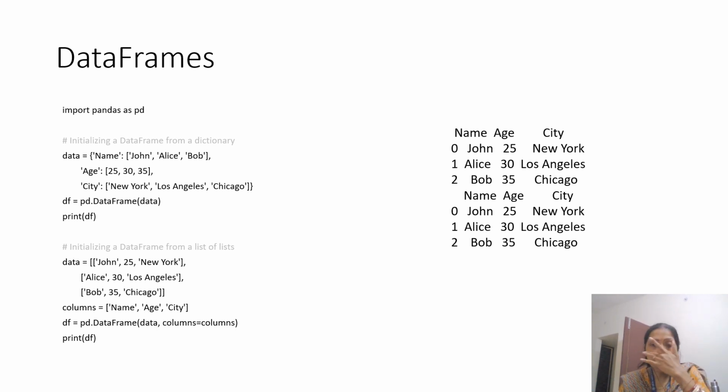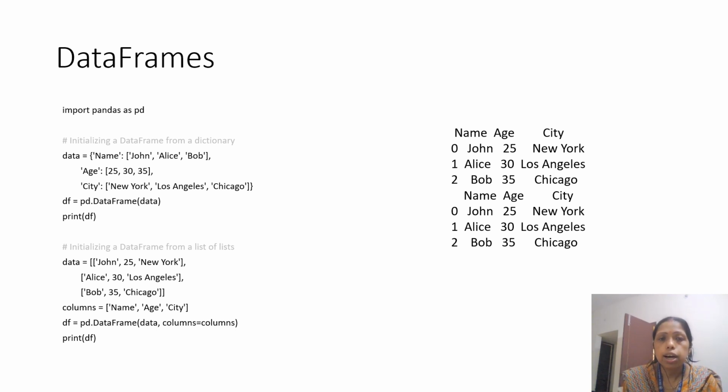Suppose on the right-hand side you can see there are three columns: name, age, and city. These columns and rows have different values for different cities. You need to create this using the data frame. So how can you create this with the data frame? This we will discuss now.